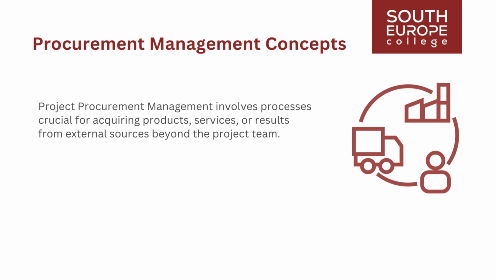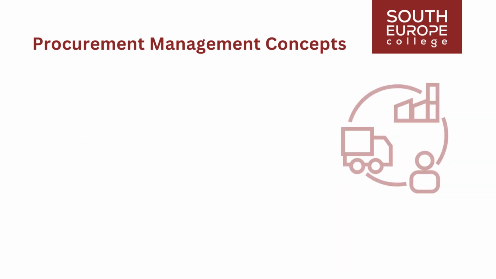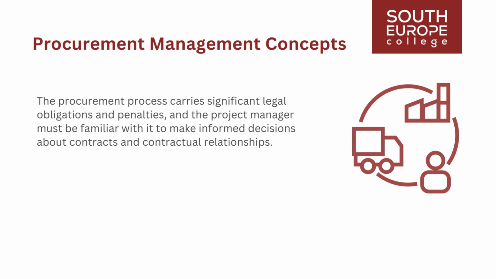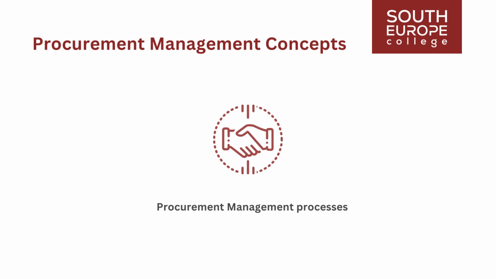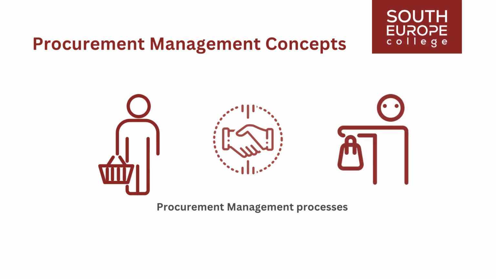Project procurement management involves processes crucial for acquiring products, services, or results from external sources beyond the project team. The procurement process carries significant legal obligations and penalties, and the project manager must be familiar with it to make informed decisions about contracts and contractual relationships. The project procurement management processes center around agreements delineating the relationship between two parties, a buyer and a seller.